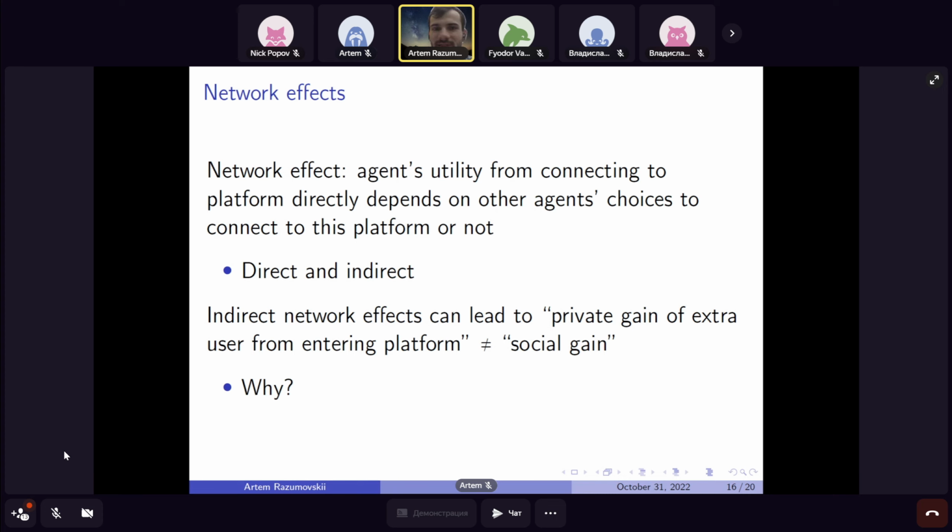Let's take Fyodor again, I think he's not against this example. Let's say Fyodor already has a girlfriend, and we push him to join Tinder. Probably it will make the girls on Tinder better off, right? They can find a better match. Would you agree?